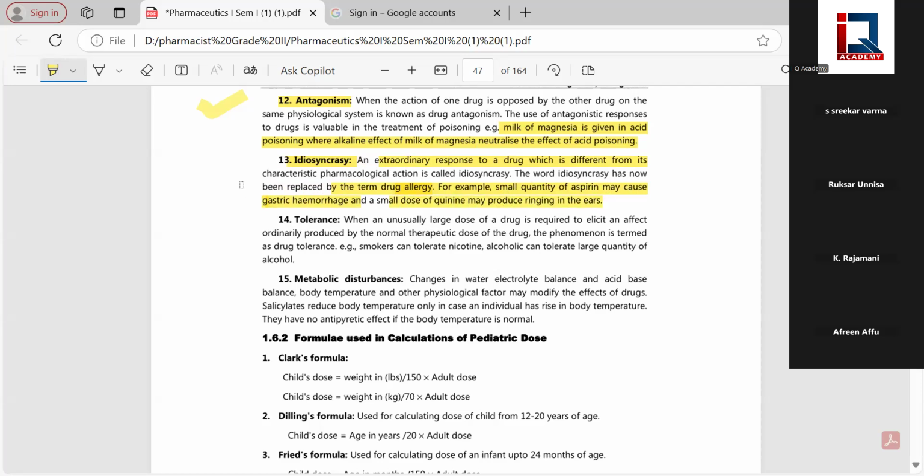A small dose of penicillin can cause rashes and skin irritation in certain patients. This is called idiosyncrasy. So depending on the idiosyncrasy, the dose of the drug is changed in certain patients. Examples aspirin, penicillin and quinine can be remembered.